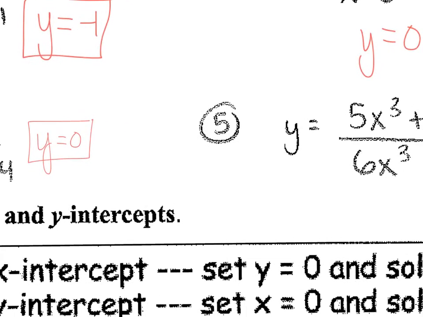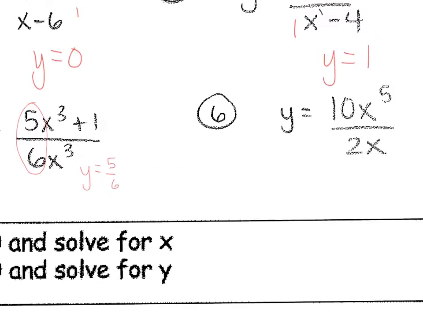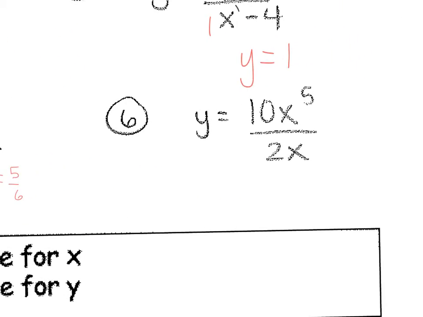And then over here, these 2 degrees are the same, so you're going to do the ratio of the coefficients. So it's y equals 5 over 6. And number 6, I have degree 5 on the top, 1 on the bottom. So the degree is greater on the numerator, so there's no horizontal asymptote.